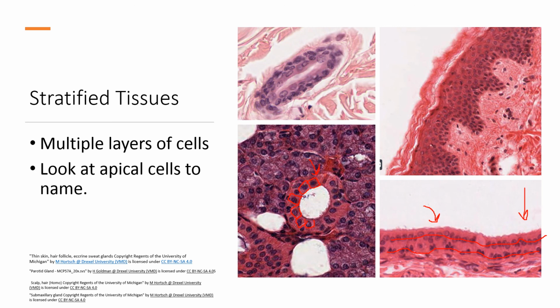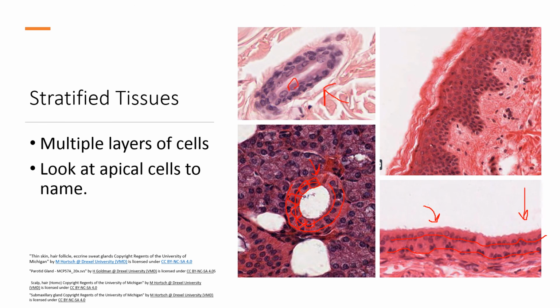So you can see there's one layer of nuclei here. This is one set of cells. And then just under that, just deep to that, you can see a second layer of cells. This is another stratified cuboidal. Again, we're looking at the apical cells.